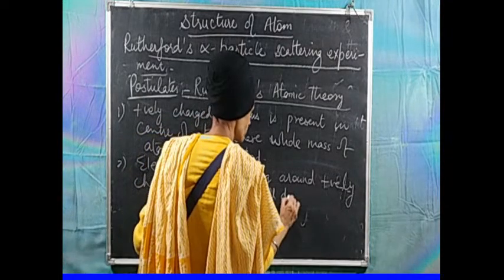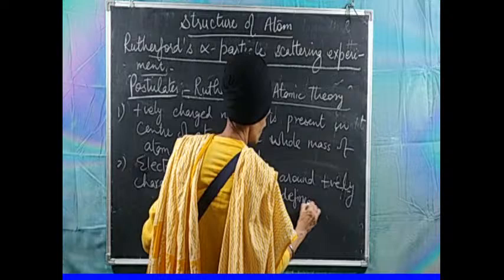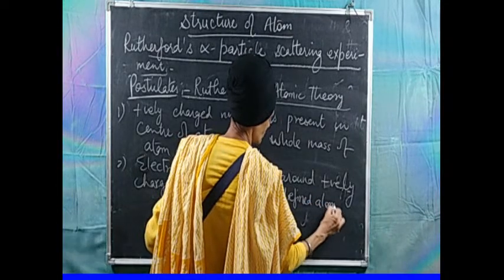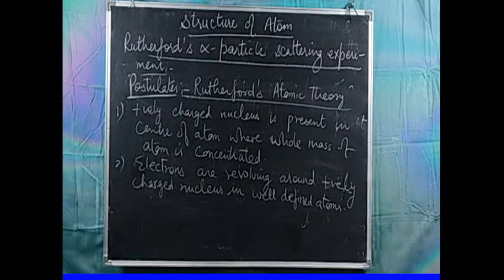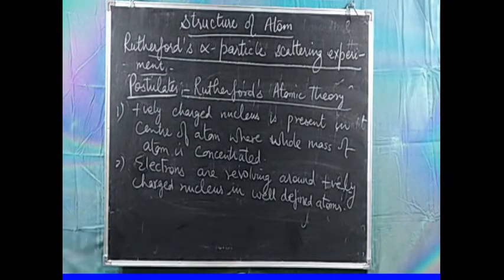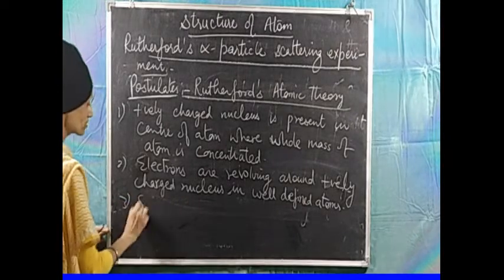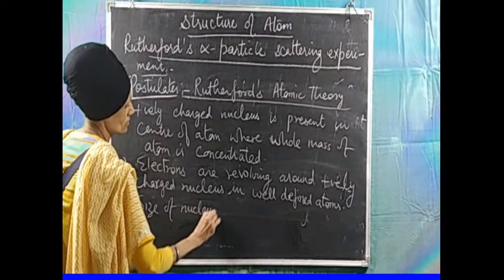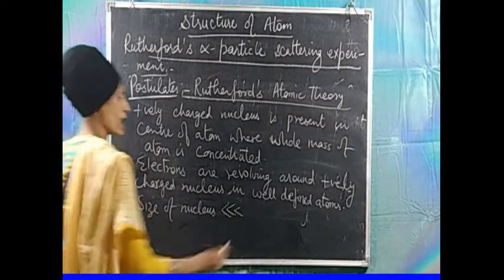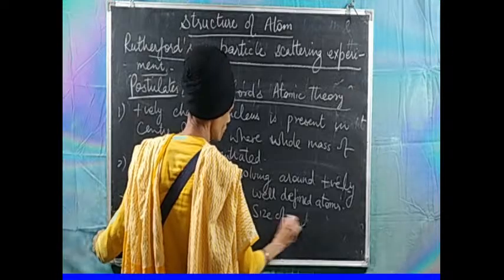Well defined means we can locate its path, we can guess its path clearly, on which path it is moving. Then third postulate was that size of nucleus is very small as compared to size of atom.